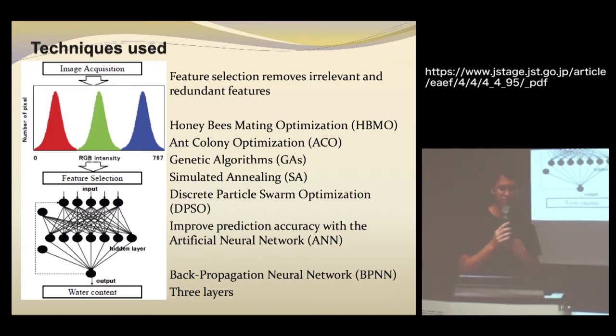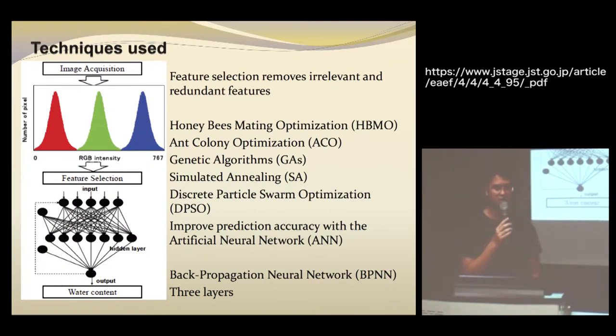What is the feature selection? It's a method to remove irrelevant and redundant features. After removing all those redundant features, we put that in the input of an artificial neural network, and then we can guess the water content of the moss.